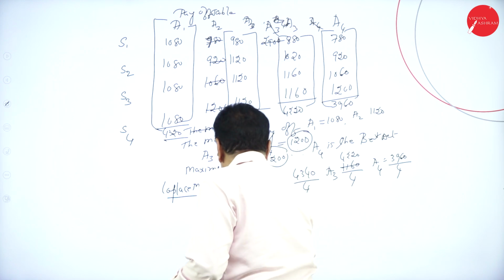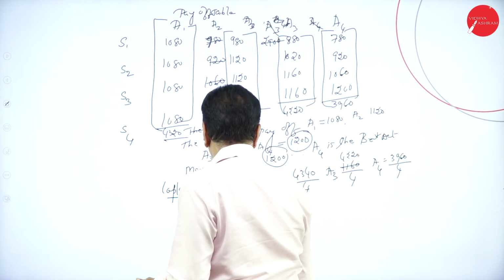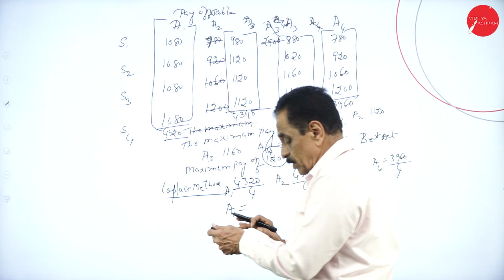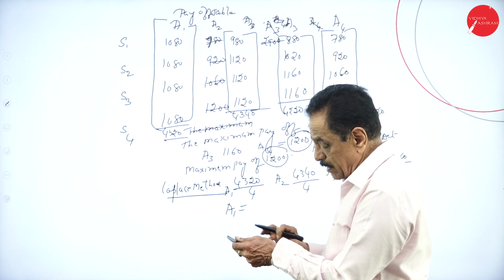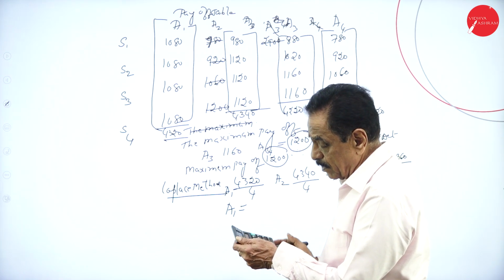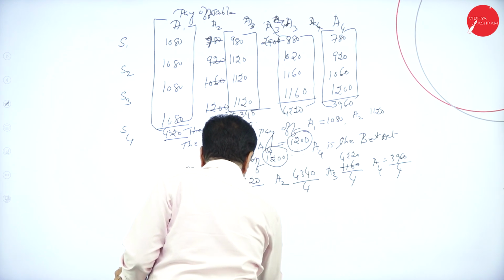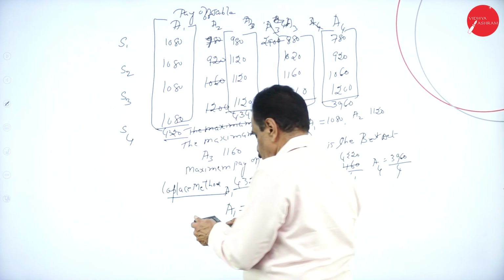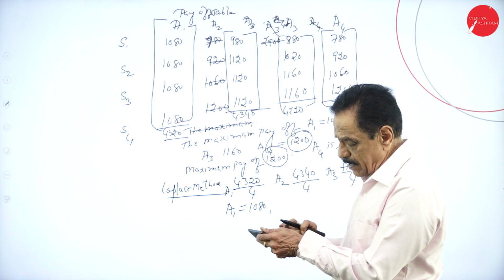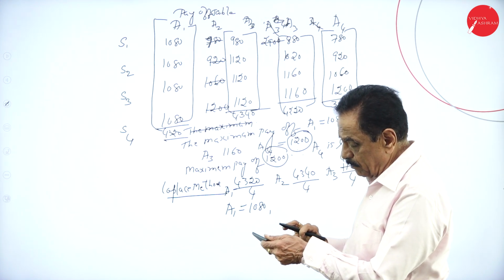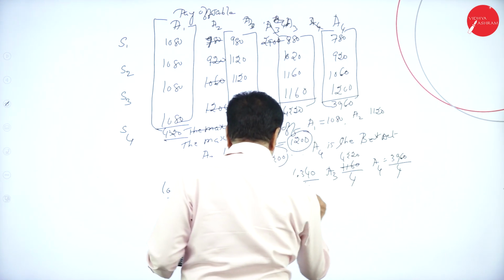A1, 4320 divided by 4, 1080. A2, 4340 divided by 4, 1085.